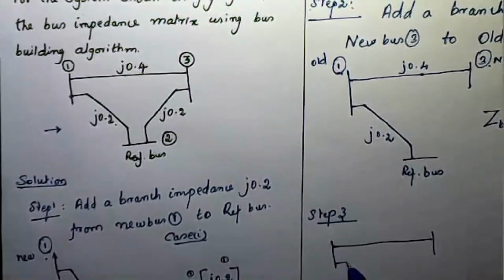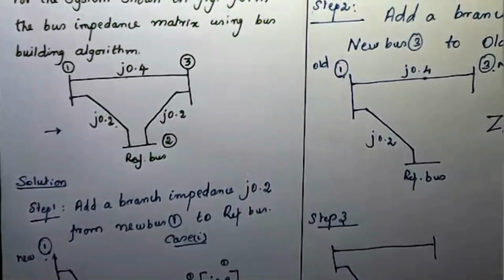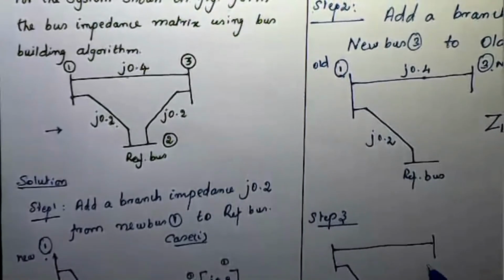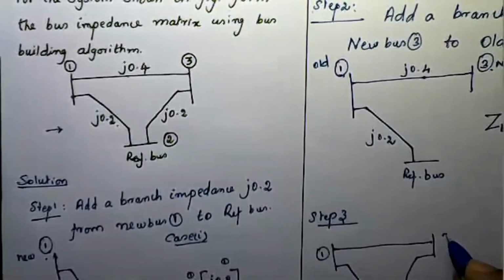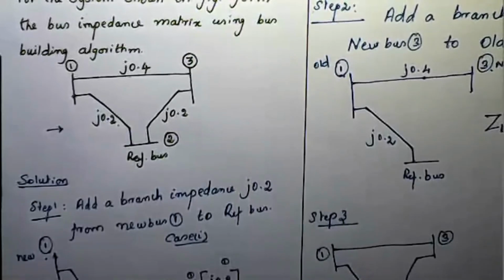Now adding the last branch. This is the reference bus. Bus number 1 and bus number 3 already exist. Bus number 2 also already exists. So these are old buses.